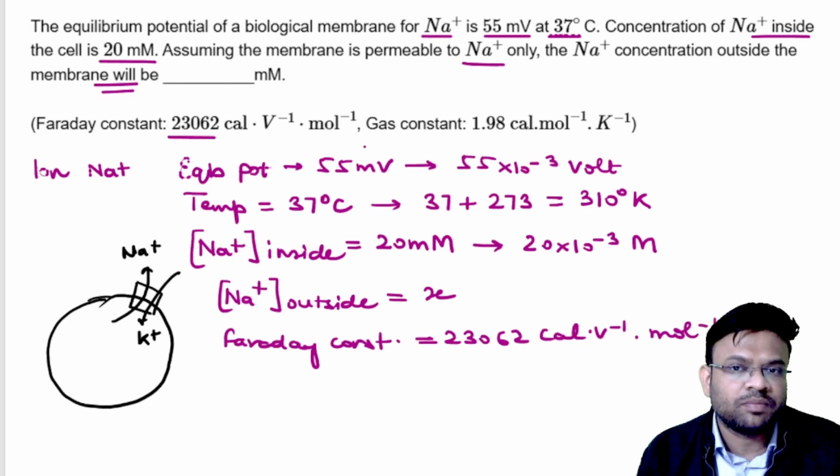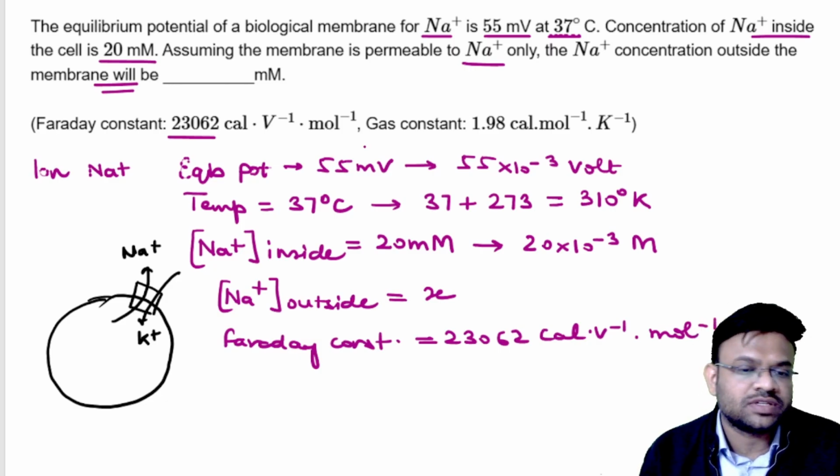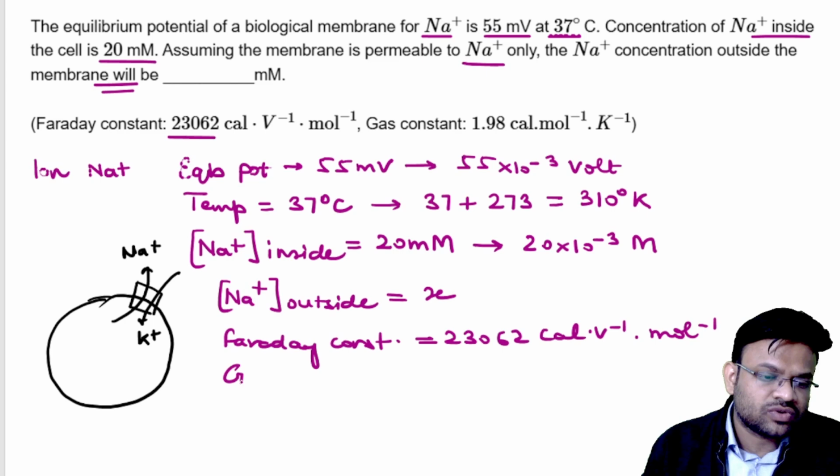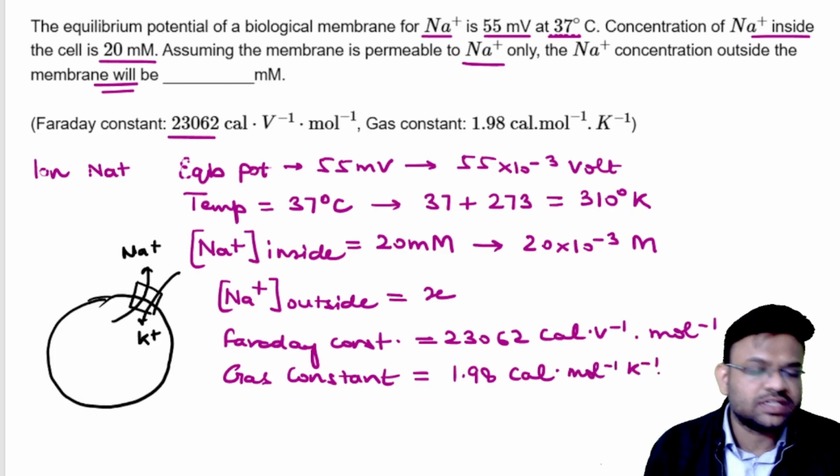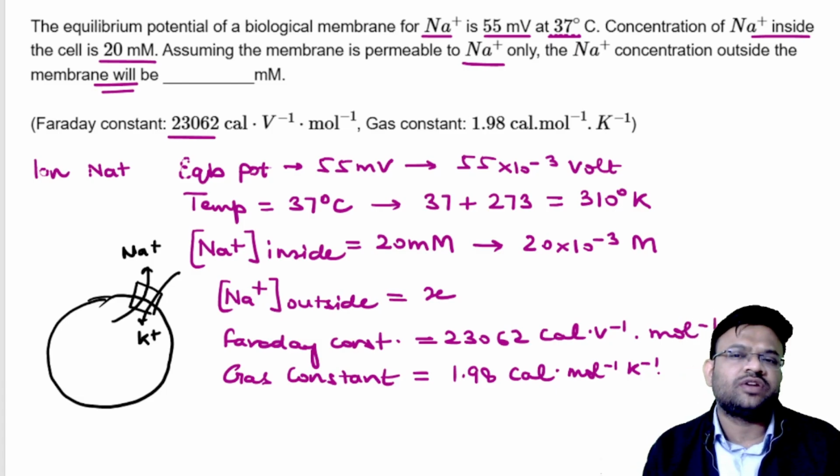It is better to remember the important values, for example the value for R, or the Faraday constant. The gas constant has also been given to you, and the value for the gas constant is 1.98 calorie per mole per Kelvin.